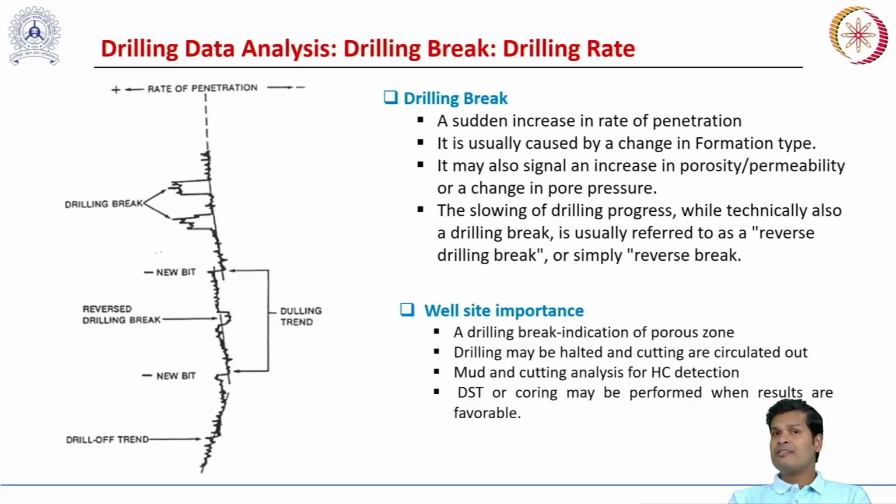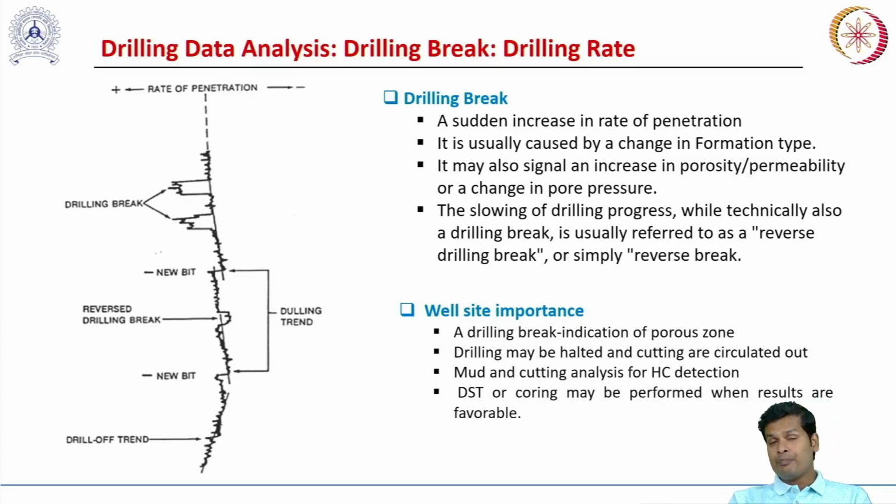Whenever you see a drilling break, and it gives an indication of a porous and permeable formation, the driller at the well site might stop the drilling and circulate out the well bore, and he will take a mud sample and do cutting analysis to check for the presence of hydrocarbon. If he encounters a hydrocarbon zone, he will take additional precautions before drilling further.